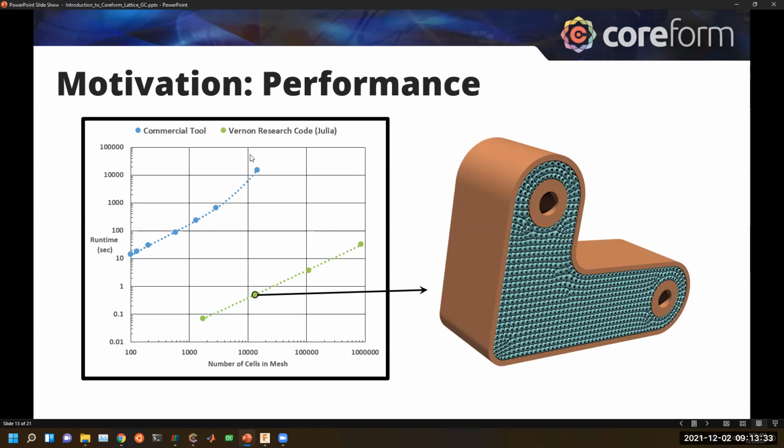In my original research code, which I wrote in Julia, just some of the inherent benefits of having this compliant mesh, and we'll talk about where we get this from, I was able to use finite element code principles, and as you can see, I was able to get 4 or 5 orders of magnitude speedups in being able to create these lattice structures, even when I would create them with a traditional rectilinear layout. So performance was a big thing as well.